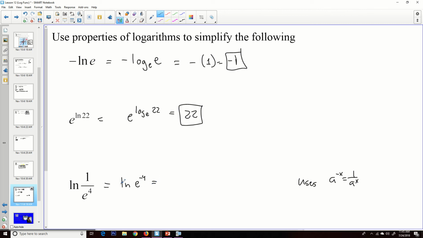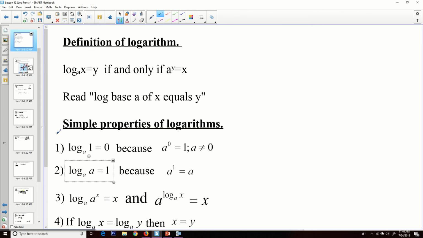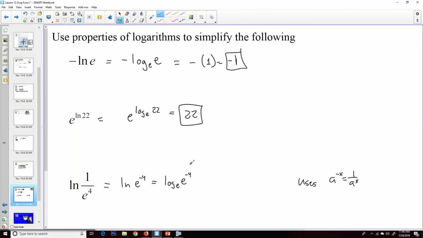Remembering that ln is log base e, I have log base e of e to the negative 4th. Similar to the last one, but using the property log base a of a to the x is just equal to x, log base e of e to the negative 4th is just equal to negative 4, and we are finished.